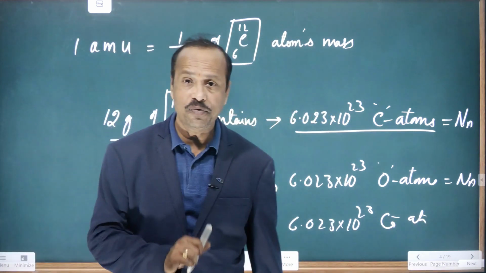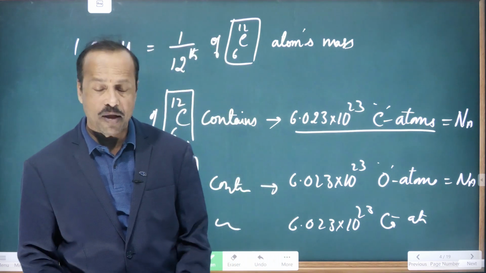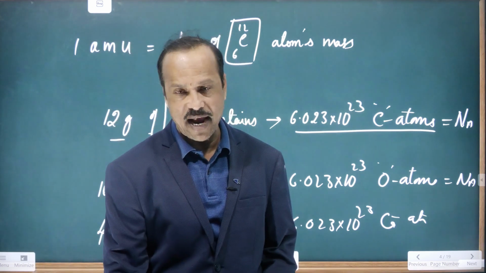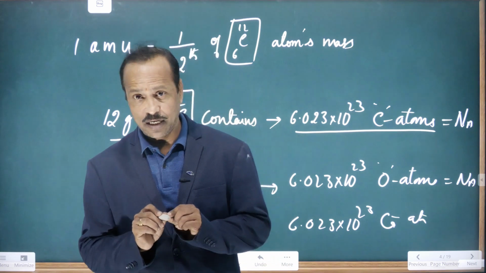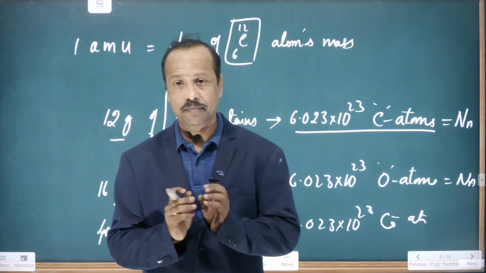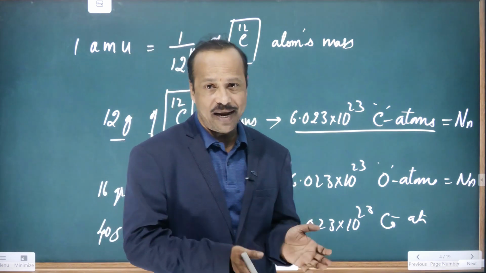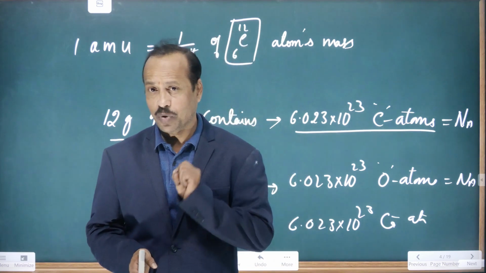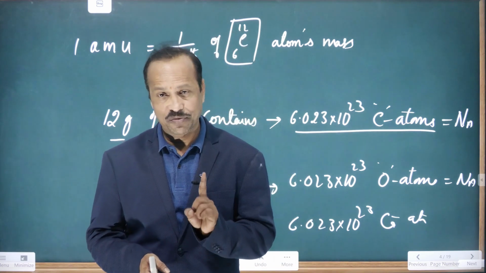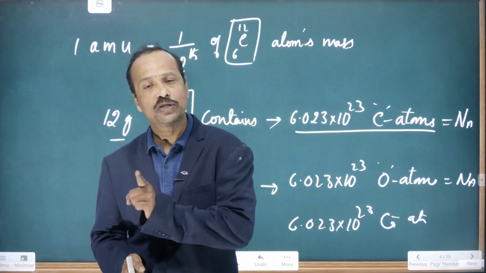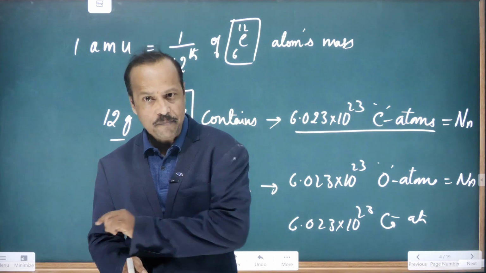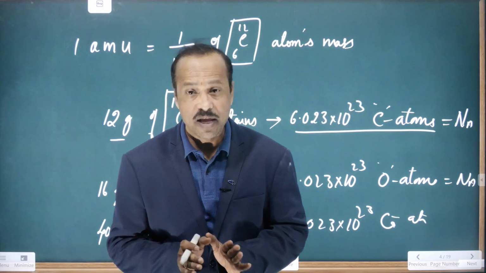So if you take the mass number of any atom, for example hydrogen, mass number is what? 1. So 1 gram of hydrogen, if I take, consists of 6.023 into 10 to the power of 23 hydrogen atoms.